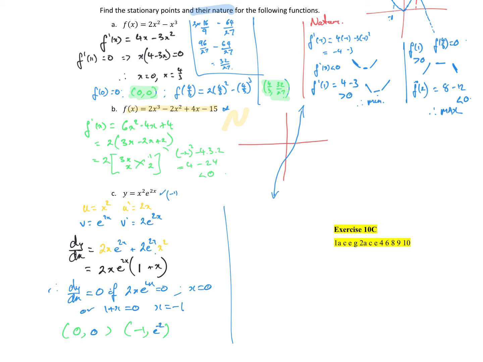Often it's good just to do a little table to help determine their nature. So let's just put a little f dashed of x there. So my stationary points are at x equal to 0, and at x equal to negative 1. So let's change that into a negative 1 there. A number in between, let's put a 0 there, and another number in between.